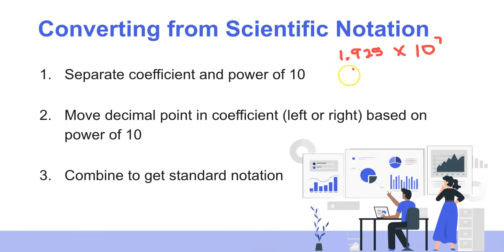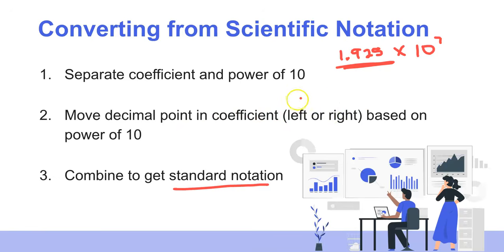And I want to convert that number into standard notation. All right, so I'm going to look at this number right here. That's my coefficient number. We're going to move our decimal in the coefficient left or right based on the power of 10.